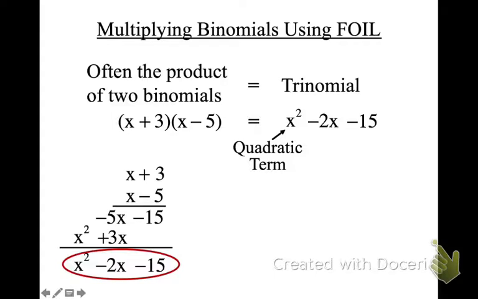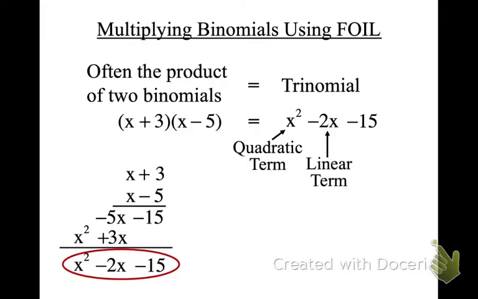Okay, I want you to write this top part. You can write the bottom part where they were doing it vertically, but I want you to look at when we have two binomials, the first thing you need to know is that first term, we call it the quadratic term. X squared is a quadratic term.